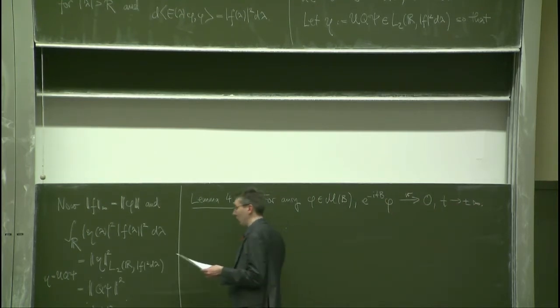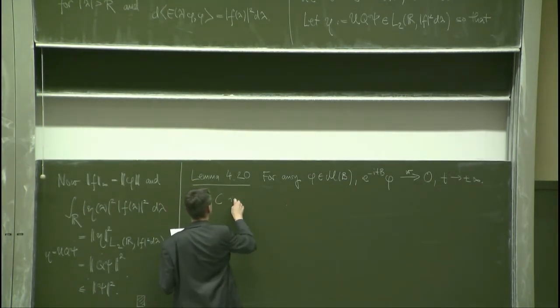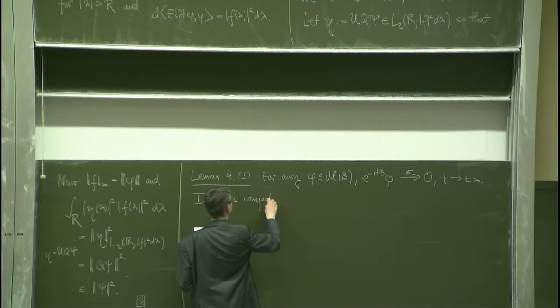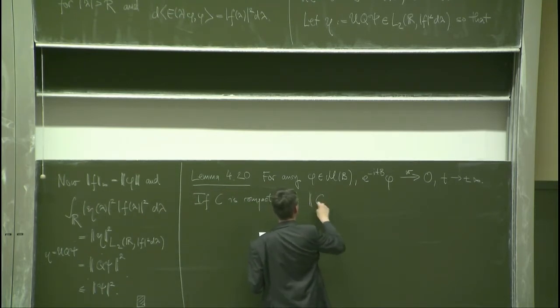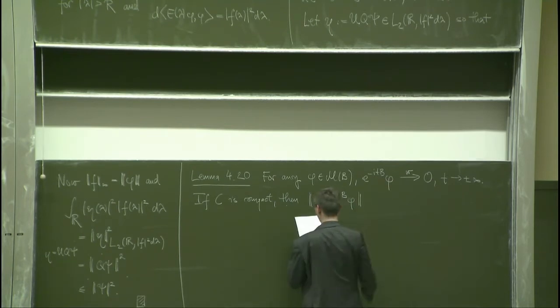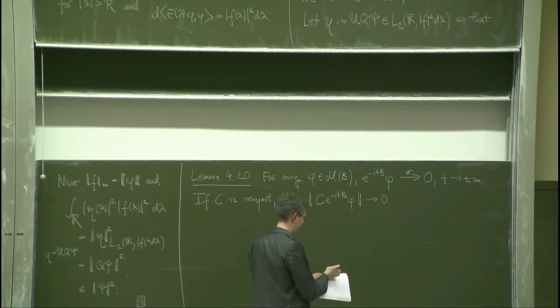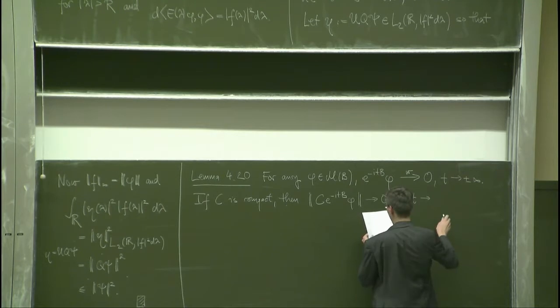And furthermore, if C is a compact operator, then we have that the norm of C exponential minus i t B phi, of course, converges to 0 in norm then. Yeah, so we have strong convergence then here, as t goes to plus or minus infinity.